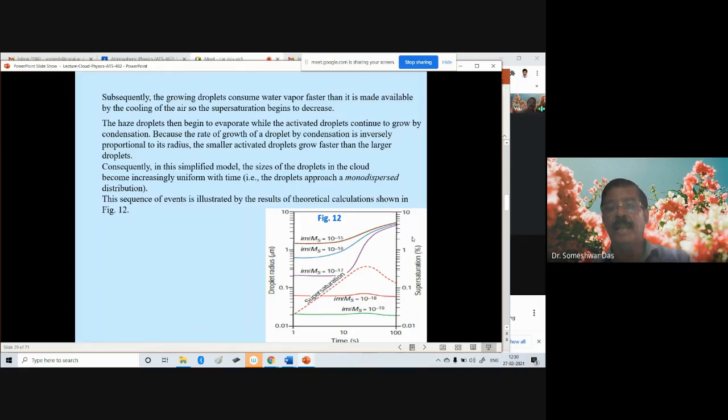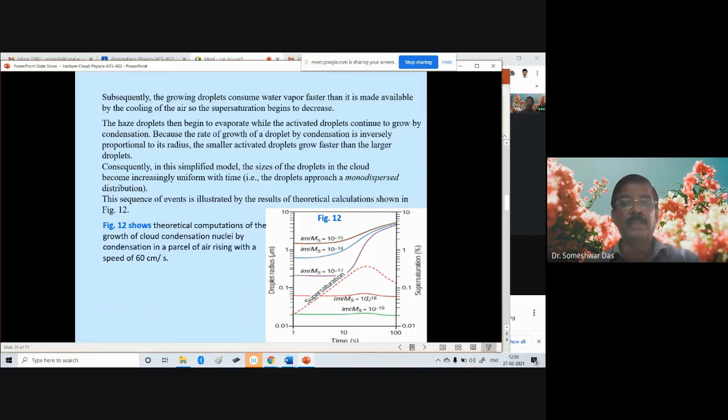Okay, and you can see the various curves representing different ratios Im by ms to the power minus 15, minus 16, minus 17. This is the line of supersaturation, the red curve. This is Im by ms to the power minus 18, minus 19, and so on.